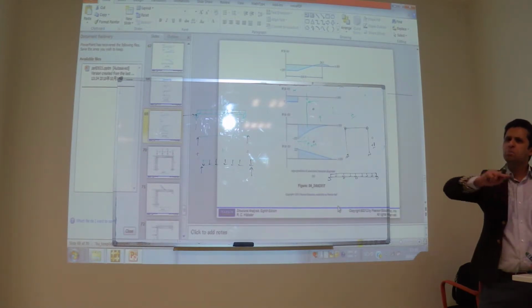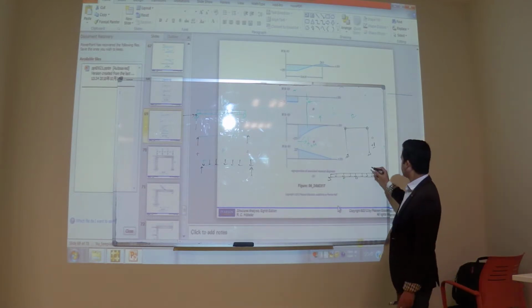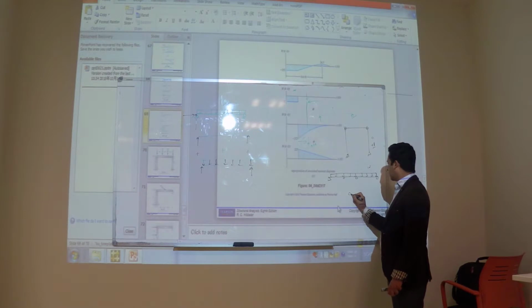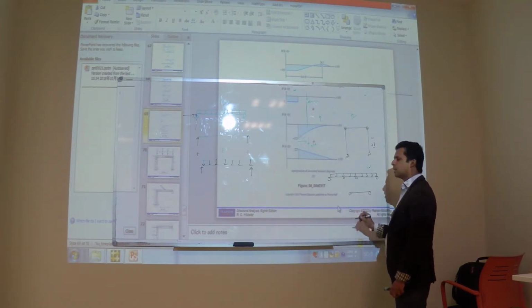No, it's one part, no hinge, it's one beam. It's indeterminate. You mean divide it this way? No, it's not so.